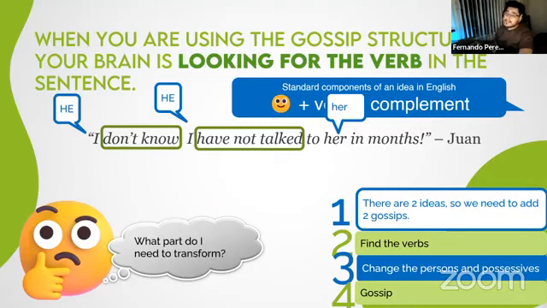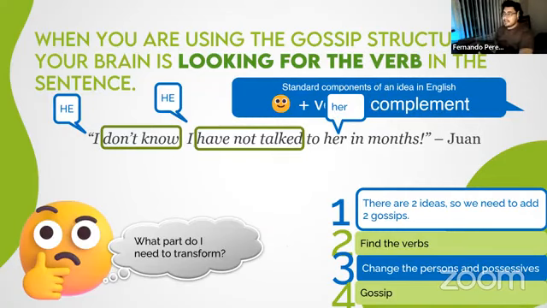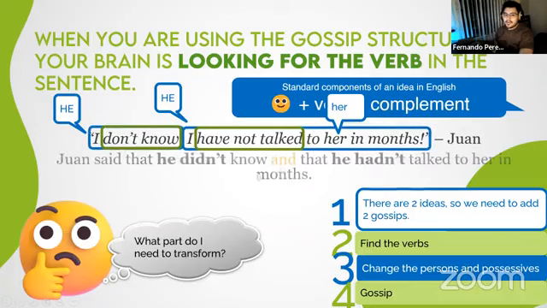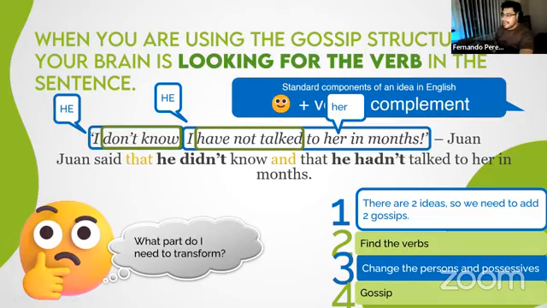But we need to connect. How many gossips do you have? Two gossips, which are two sequences. When that happens, you need to include the connector and. We have the connector that, but this is for the first section.